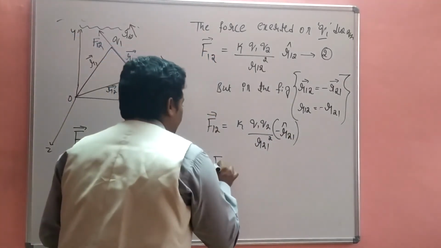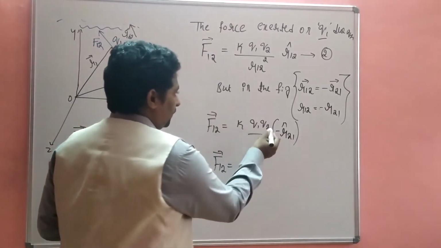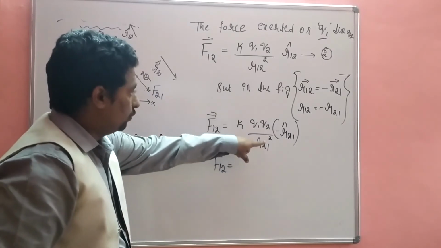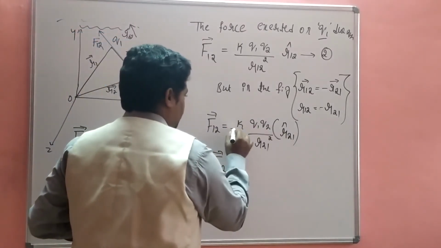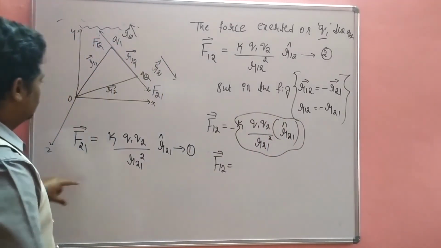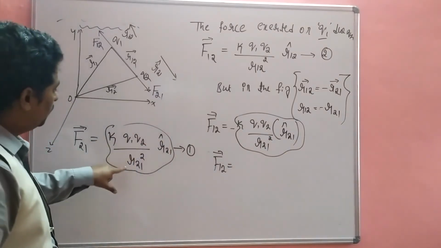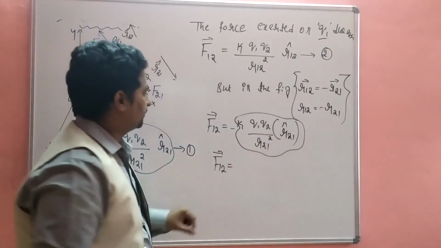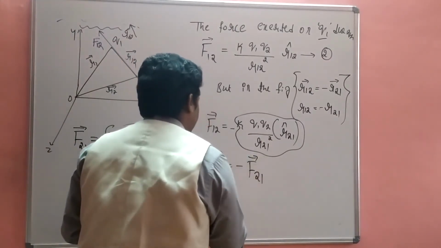So F12 vector is equal to minus K Q1 Q2 over R21 squared R21 cap. The minus is shifted, so this becomes K Q1 Q2 over R21 squared R21 cap, and the minus is as it is, F21.